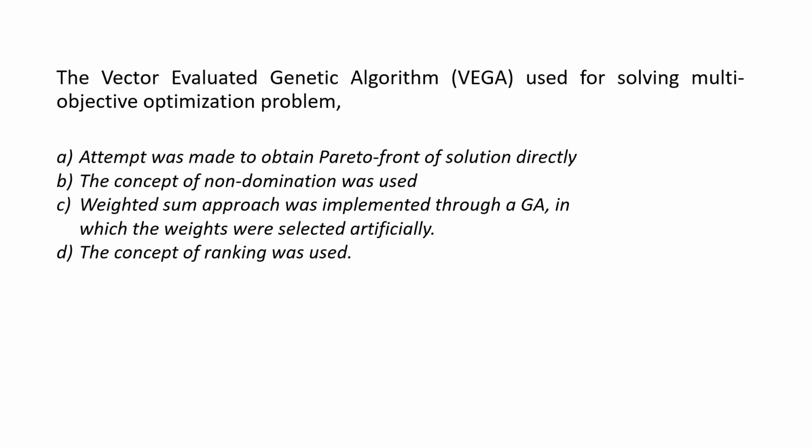Yeah, so whatever we have discussed in this vector evaluated genetic algorithm, we have seen what we are doing. We are giving weights to each of the functions, and then we are doing a sum, right? You remember that 0.9, 0.1, and then like that we are doing several combinations.